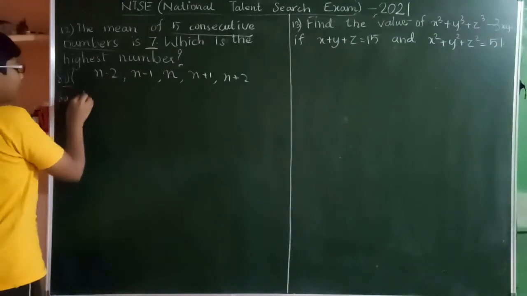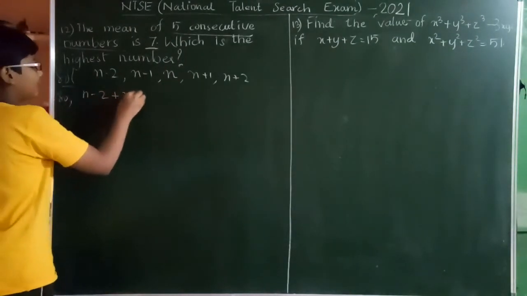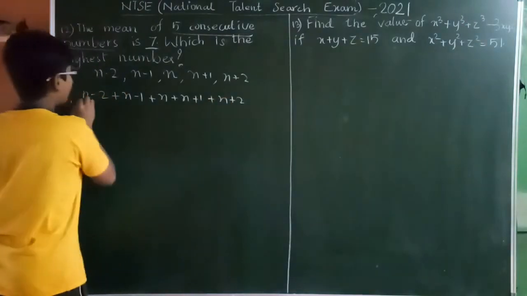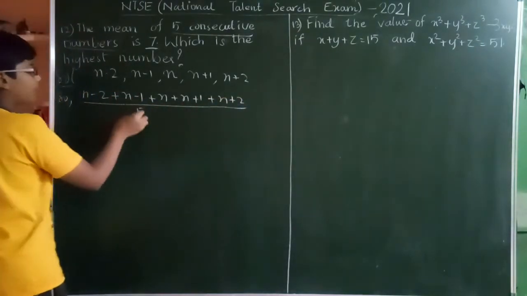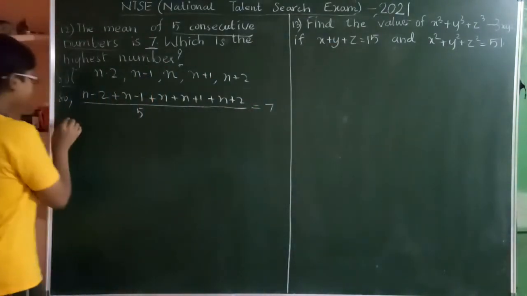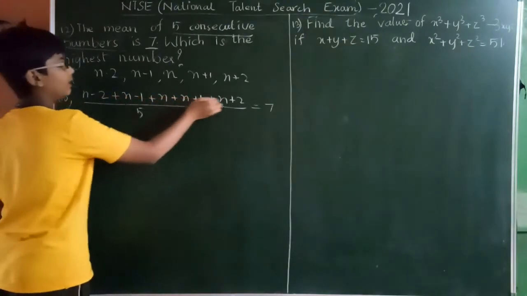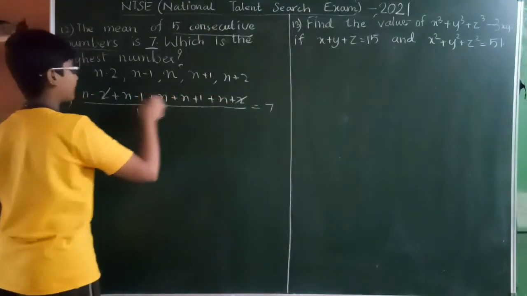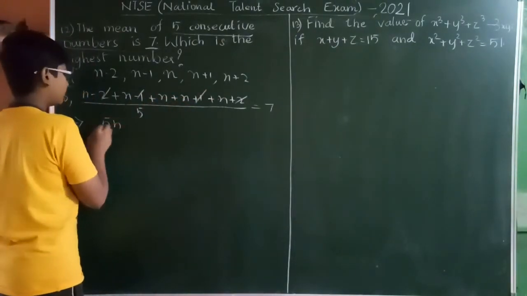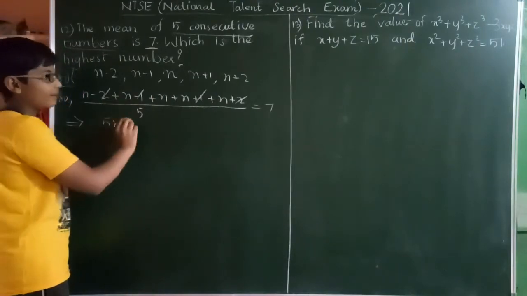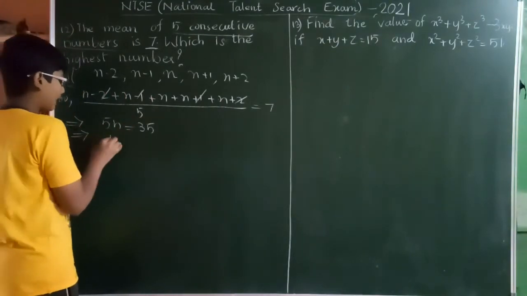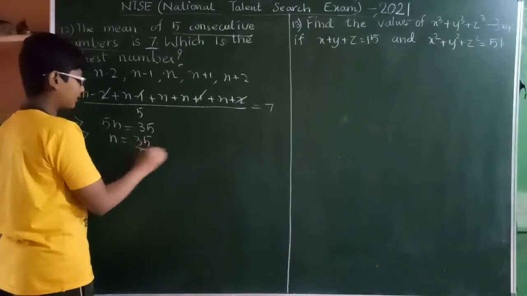So n minus 2 plus n minus 1 plus n plus n plus 1 plus n plus 2, divided by 5, because there are 5 terms, is equal to 7. Minus 2 plus 2 cancel, minus 1 plus 1 cancel. There are 1, 2, 3, 4, 5 n's. So 5n is equal to 7 into 5, which is 35, and n will be 35 by 5, that is 7.